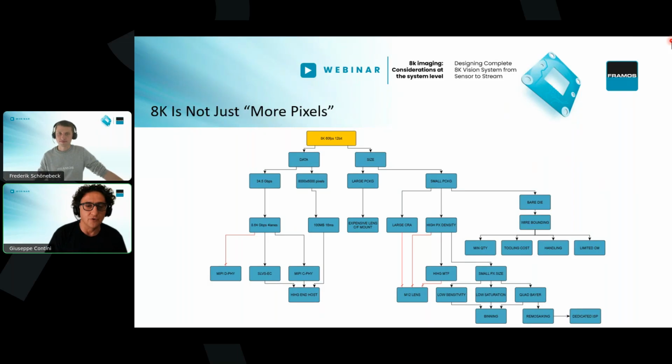First of all, here is a diagram. I want to say that 8K is not just more pixels. I think this is the starting point of the discussion today. 8K means 8,000 columns at 60 frames per second. At bare minimum, you have 2 main topics. One is the huge amount of data, and the other is the size of the pixels, which means a bigger image sensor or a smaller package with smaller pixel size.